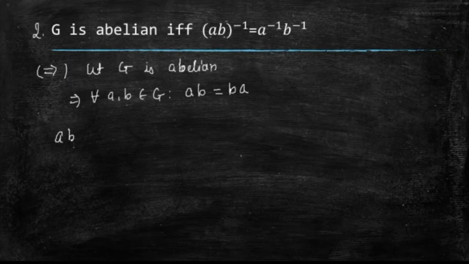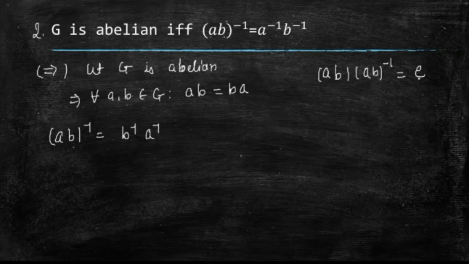So what is (ab) inverse in general? In general, in any group, (ab) inverse is equal to b inverse a inverse. And why is it so? Because (ab) inverse is the inverse of the element ab. So ab times its inverse is identity. Now you pre-multiply by a inverse, so you will get a inverse a (ab) inverse is equal to a inverse into identity, which is a inverse.